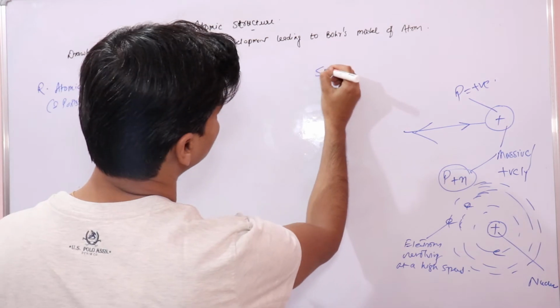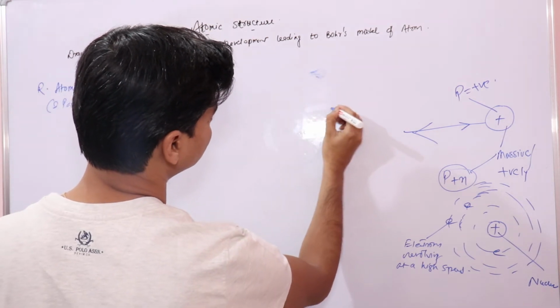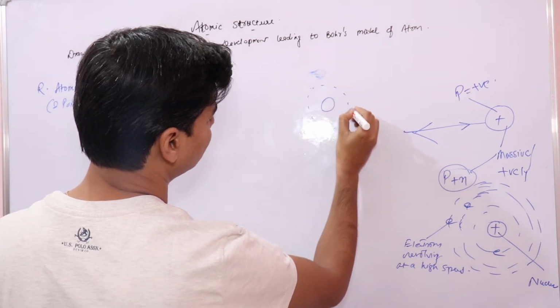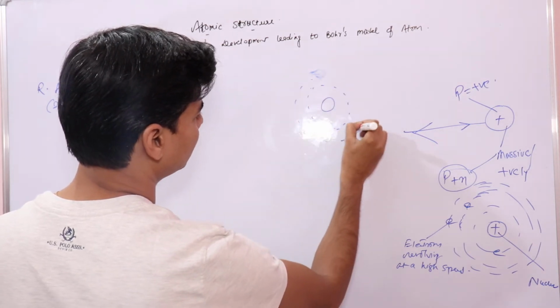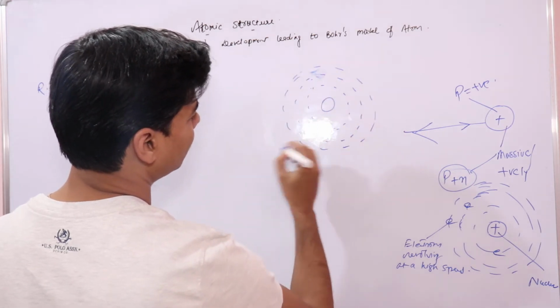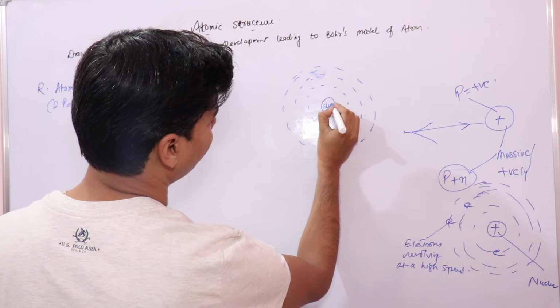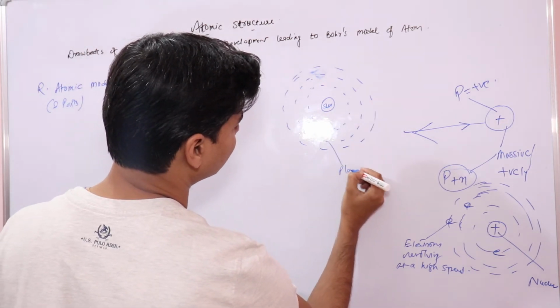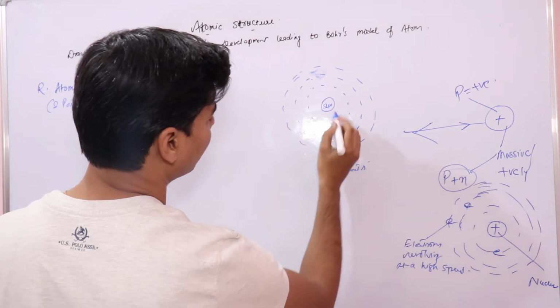If you name the solar system, this is the sun, and you have different planets moving like this around the sun. This is your sun, and these are your planets, right?